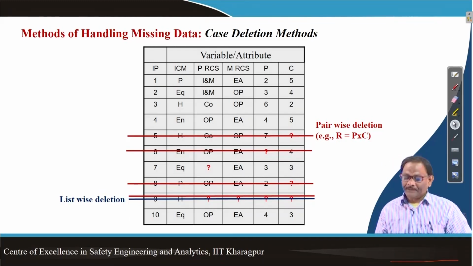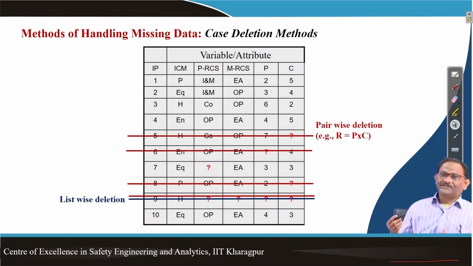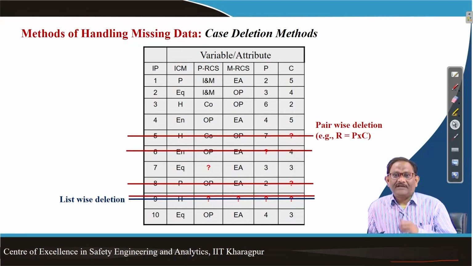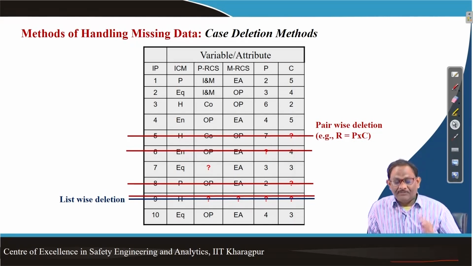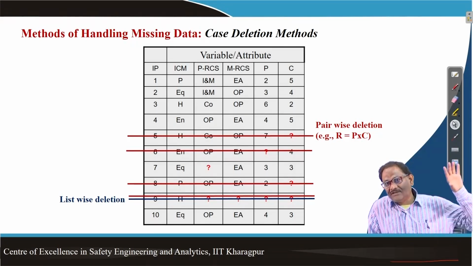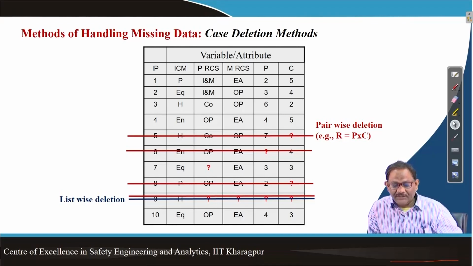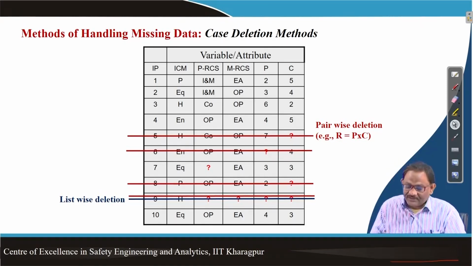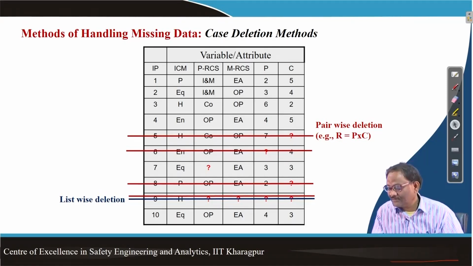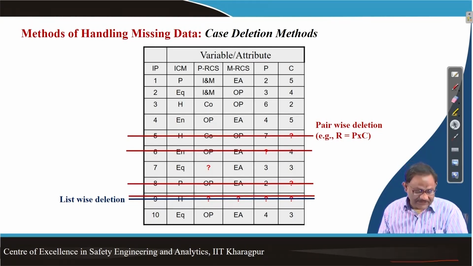Again, I told you, if data is not missing at random, you have to consider the missing data during the estimation process. When it is MCAR or MAR, this deletion method or imputation method will work.